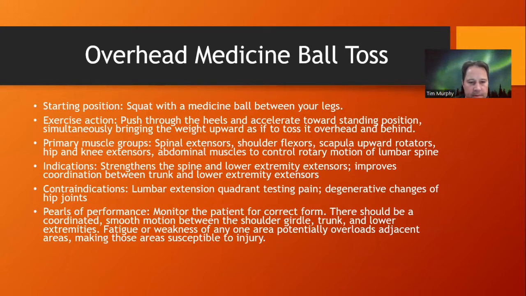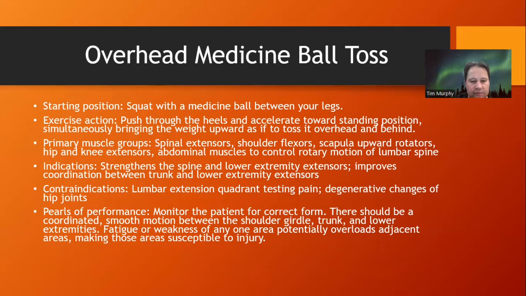Indications: strengthens the spine and the lower extremity extensors, improves coordination between trunk and the lower extremity extensors. Contraindications: lumbar extension quadrant testing pain, degenerative changes of the hip joint.